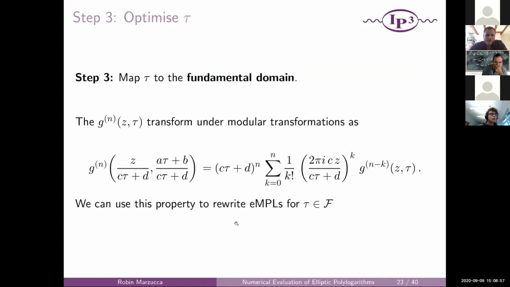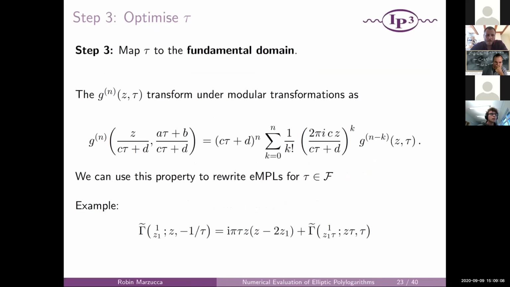And we can use this to take an EMPL evaluated at a tau which is not in the fundamental domain and rewrite it as an EMPL which is in the fundamental domain. Here is a simple example again, because these things can get quite messy. Let's assume that tau is in the fundamental domain, then obviously -1/tau is not. And then we can rewrite this EMPL as a linear combination of these two terms.